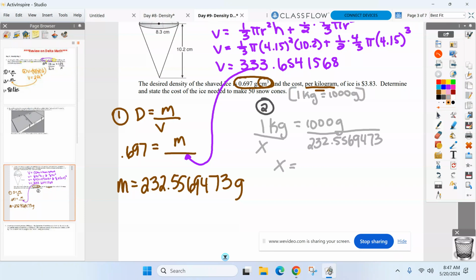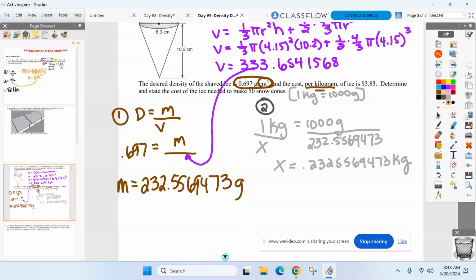When you solve this proportion, you end up dividing by 1,000. So less than 1. This is how many kilograms a snow cone weighs. All right, let's keep going because we're only about halfway through this problem.